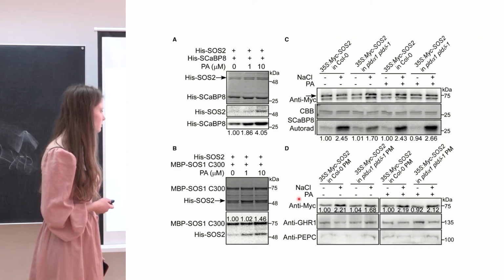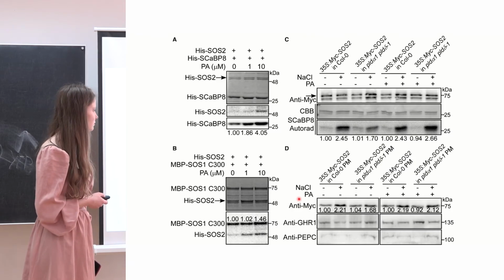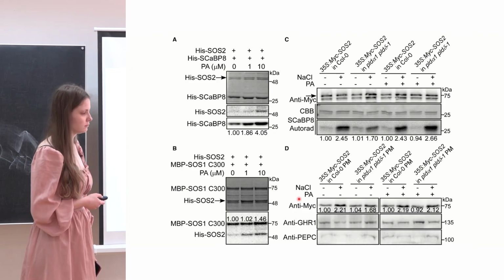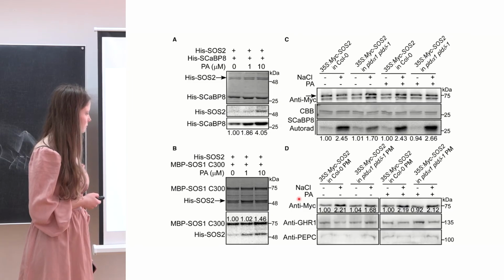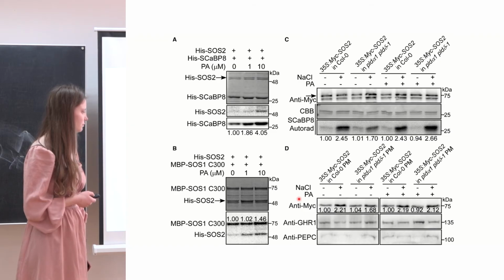И здесь мы видим, что при обработке хлоридом натрия синтезируется больше СОС2 в диком типе, чем в мутанте по фосфолипазам.